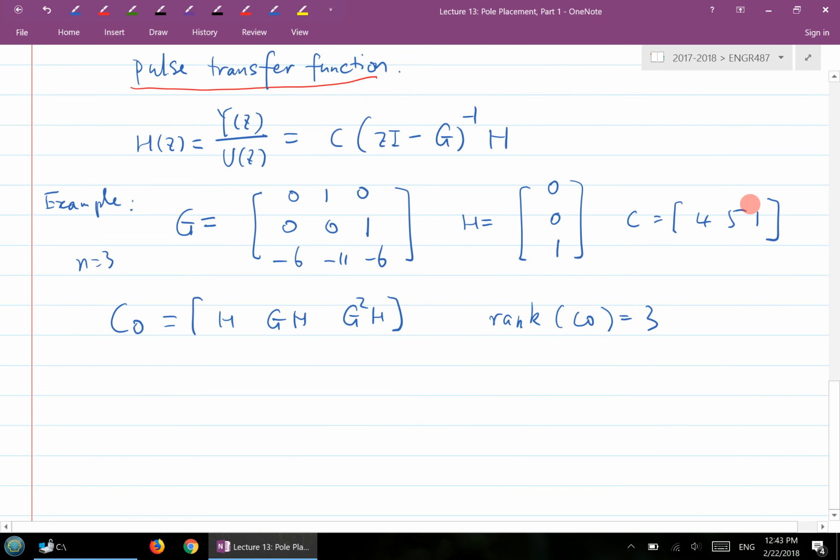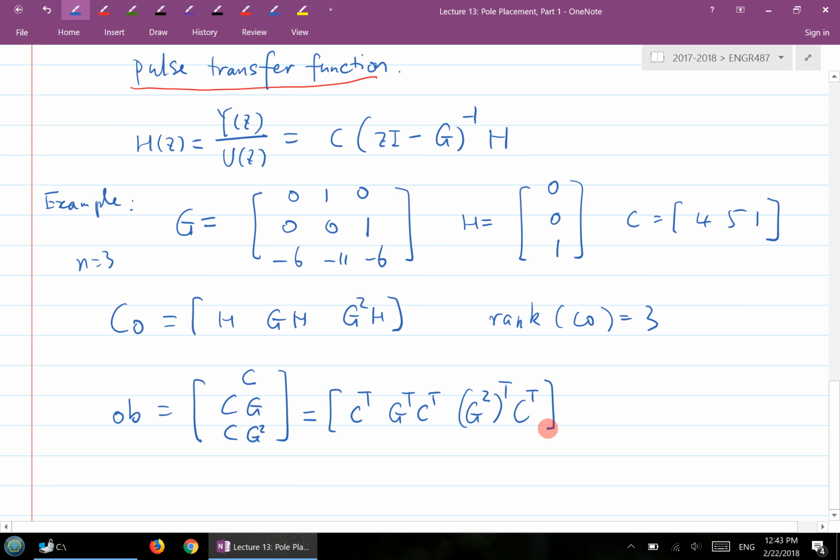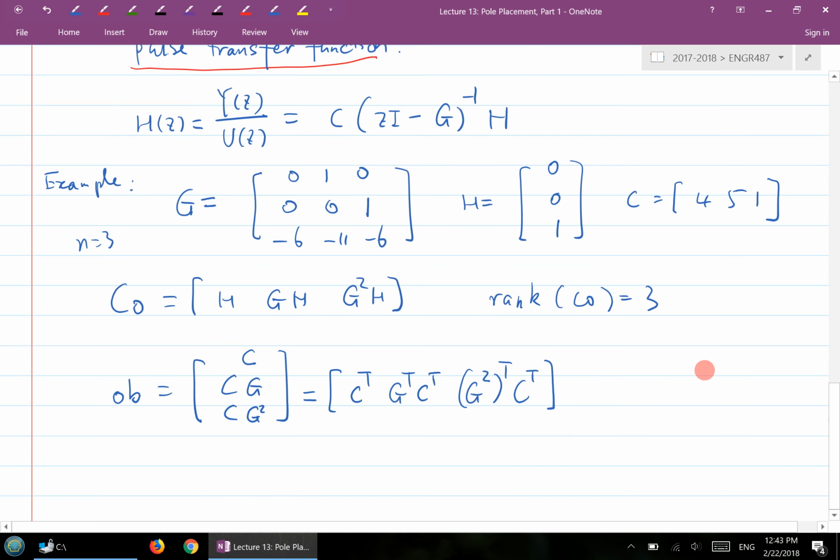So let's take a look at observability. You form C transpose, G transpose C transpose, G squared transpose C transpose. That's the observability matrix. Actually, I shouldn't say this is an equal; I should say this is OB transpose.